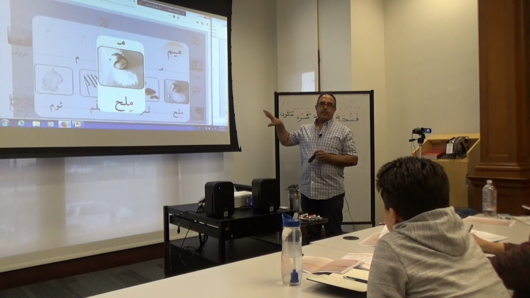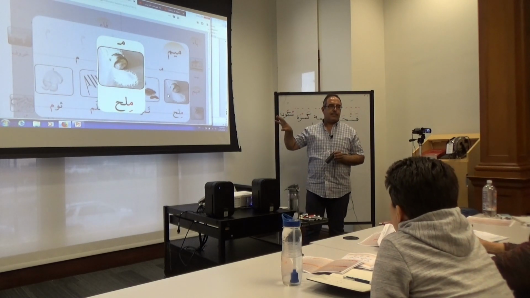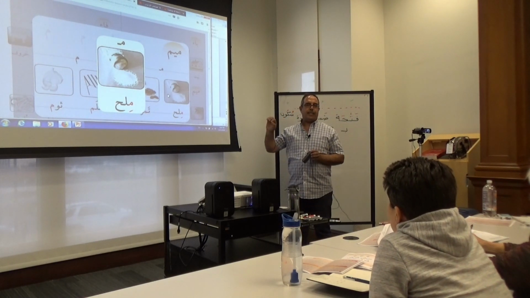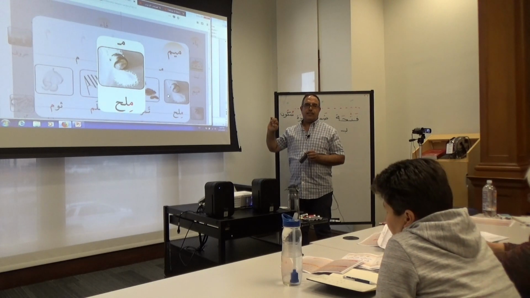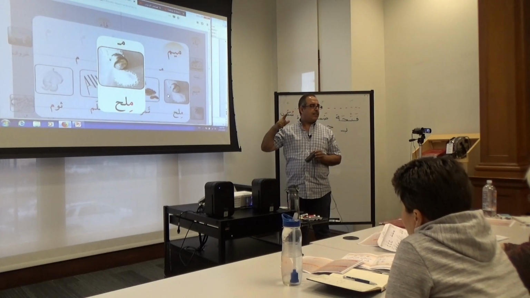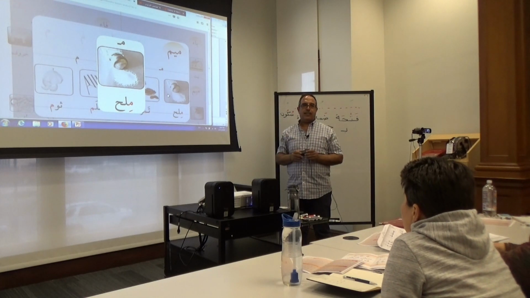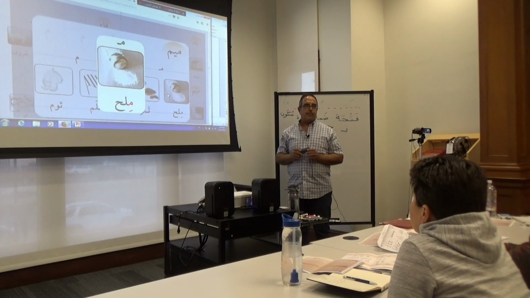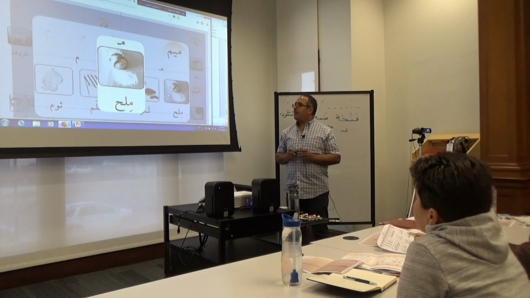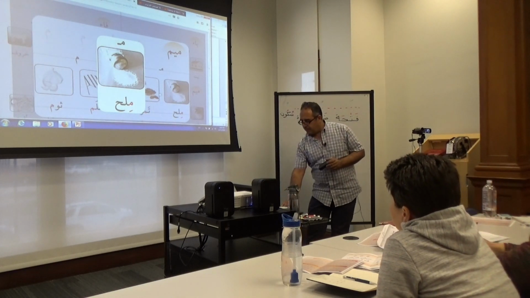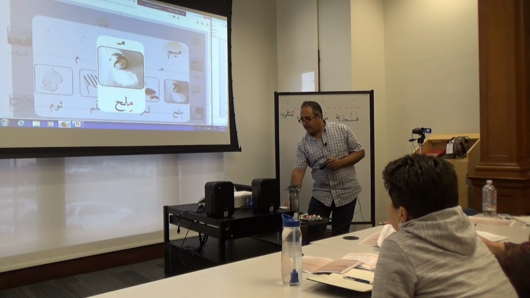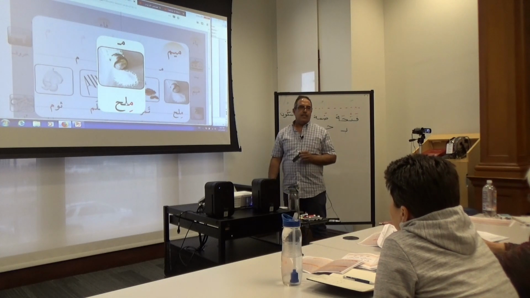The first one is what? The first letter is Mim, and has what on it? Kasra. Yeah, that makes it what? Me. And then this one, lam.